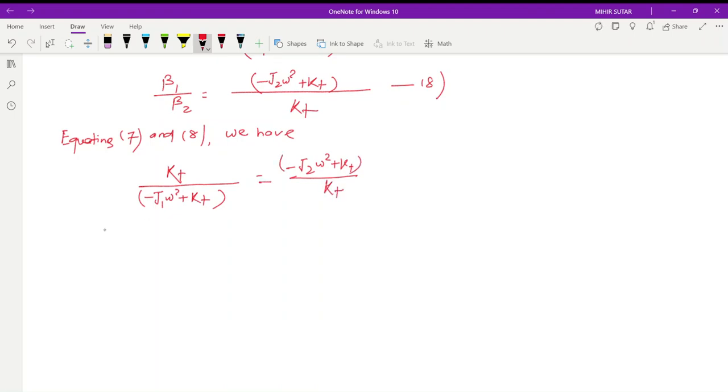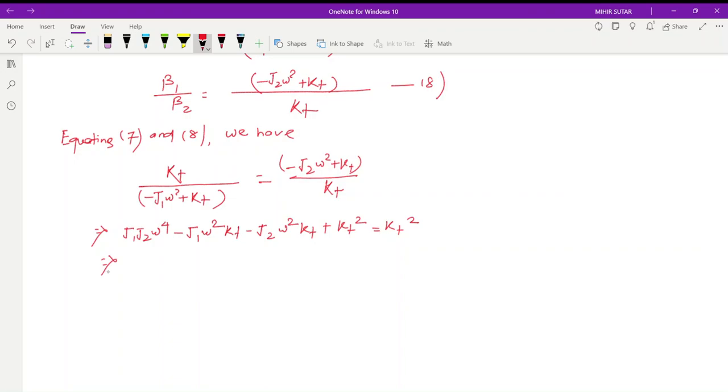So we'll have J1 J2 omega to the power 4 minus J1 omega square Kt minus J2 omega square Kt plus Kt square is equal to Kt square.